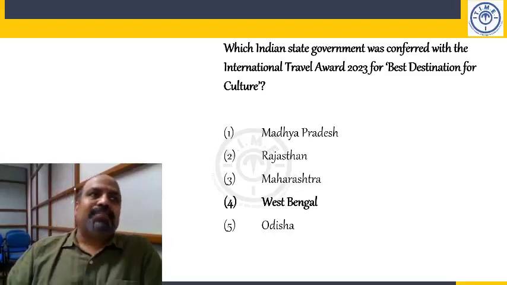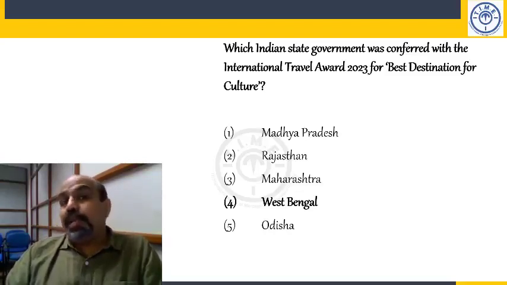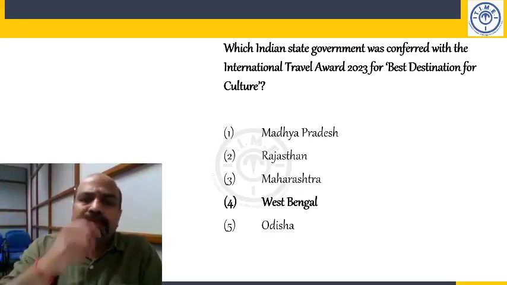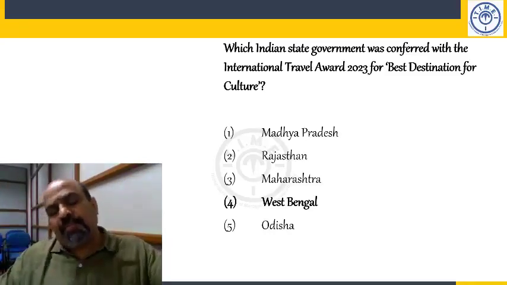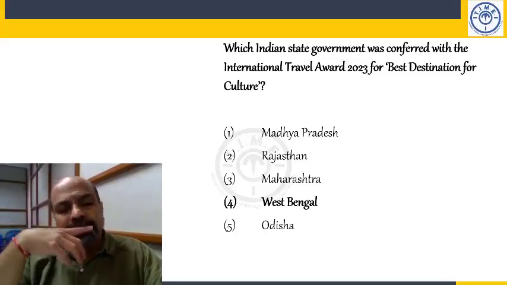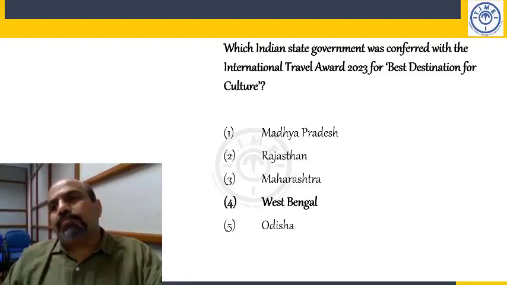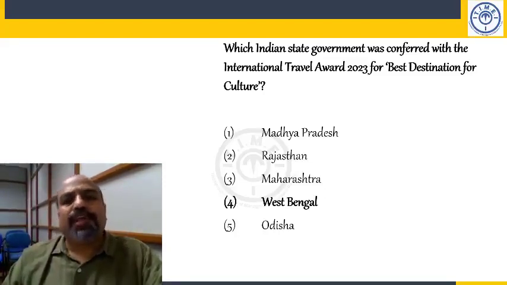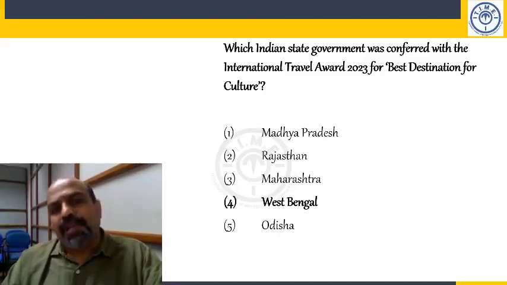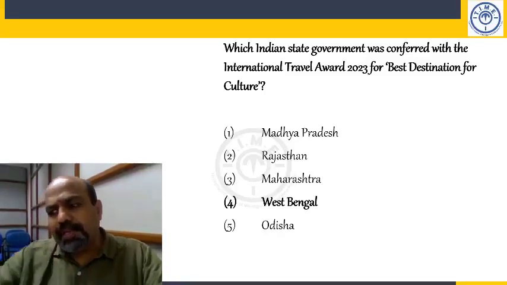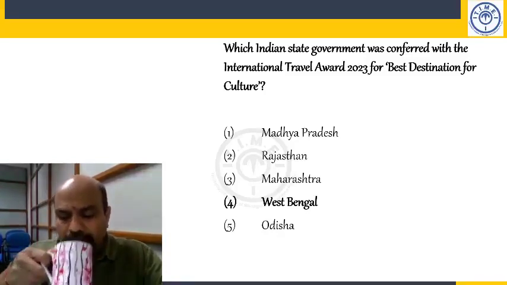What is the Indian government's tourism tagline? Incredible India. It's called tagline or punchline. Then Rajasthan, the incredible state of incredible India.